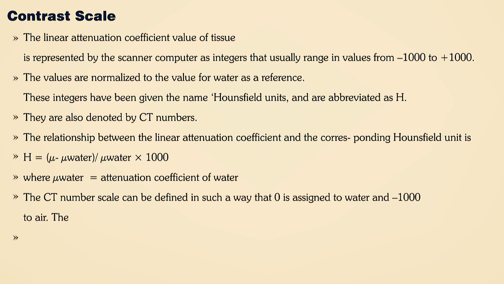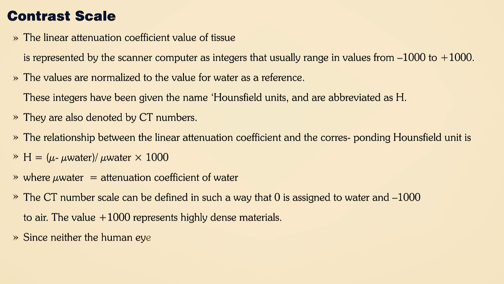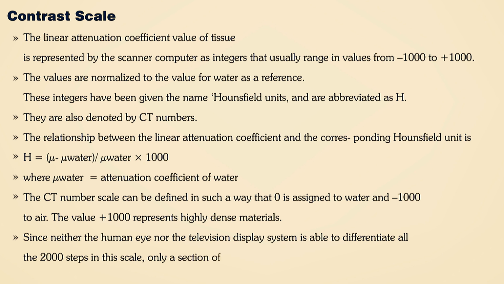The relationship between the linear attenuation coefficient mu and the corresponding Hounsfield unit is H equals mu minus mu water, divided by mu water, into 1000, where mu water is equal to the attenuation coefficient of water. The CT number scale can be defined in such a way that 0 is assigned to the water and minus 1000 to the air.